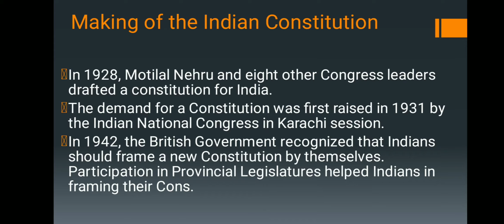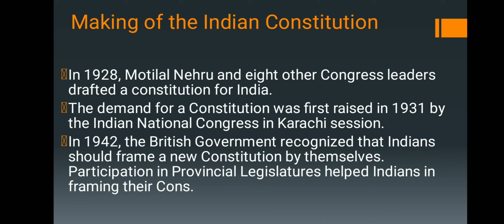In 1931, the resolution at the Karachi session of the Indian National Congress dwelt on how independent India's constitution should look. Both these documents included features such as universal adult franchise, right to freedom, right to equality, and protecting the rights of minorities in the Constitution of independent India.